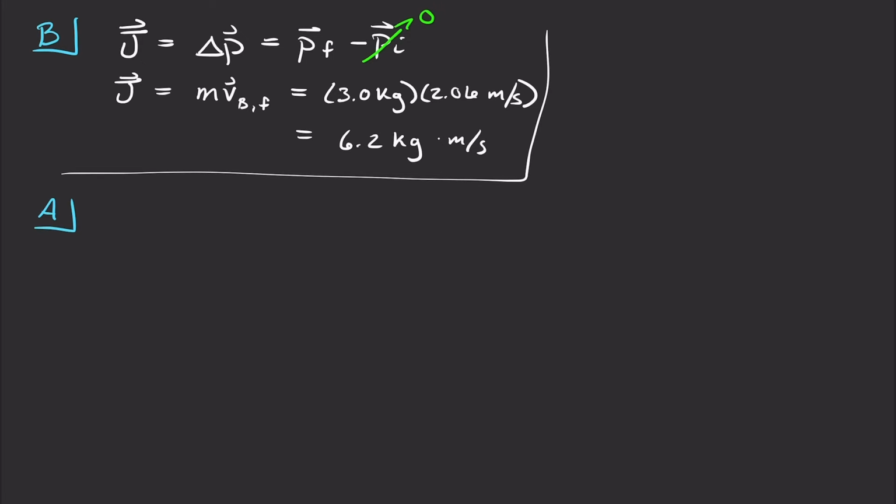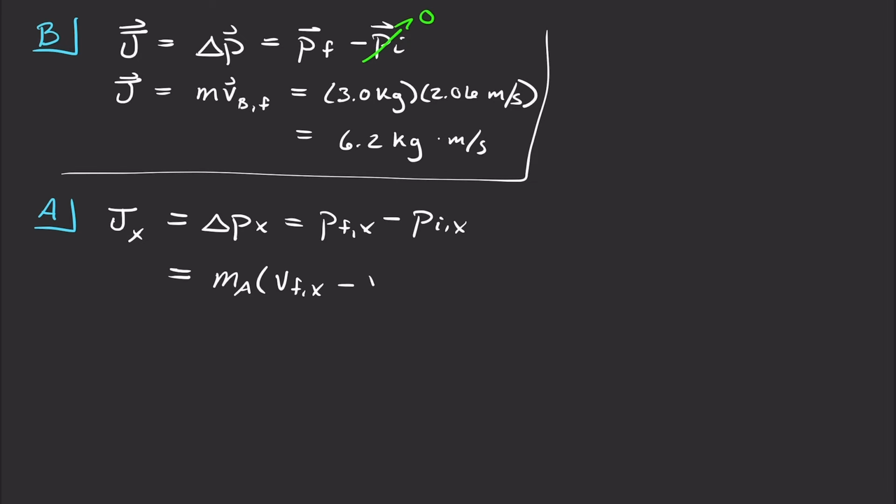Now for A, that does have an initial momentum, so we want to break this into components. Impulse is a vector, so it has both x and y components. I'll drop the vector hat since I know I'm talking about the x direction. So this is the change of momentum in the x direction, or pfx minus pix for object A. If I factor out the mass, this is just the mass of A times v final in the x direction minus v initial in the x direction.